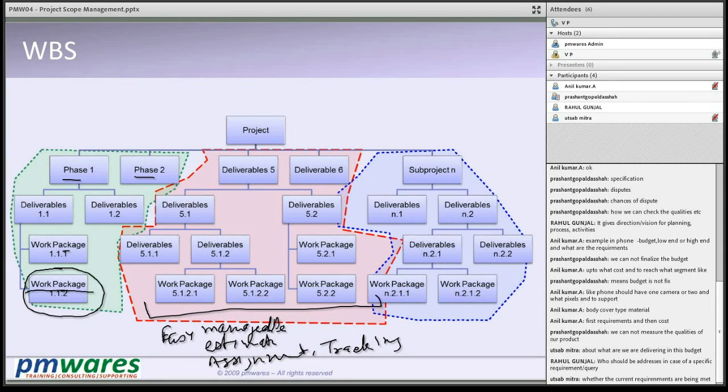So for different people it could be different. If you are in charge of the project, you take your own tolerance or your own capability and define at a level where it becomes easily manageable, estimable, assignable, trackable. Normally in a software project, we say there is some rule called 8 to 80.